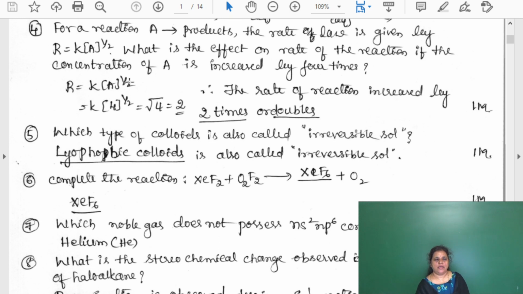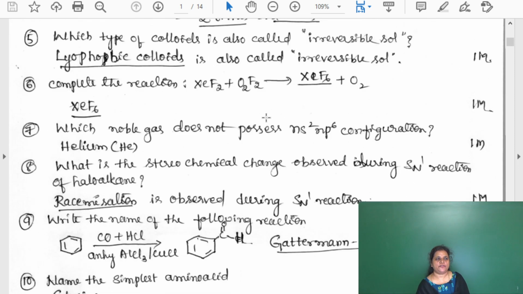This is the sum of the powers which indicates the order, and root 4 is nothing but 2. You need not write this much, you can just write the rate of reaction increased by 2 times, that is enough, or doubles, that is also correct. Okay, now move on to the fifth question.